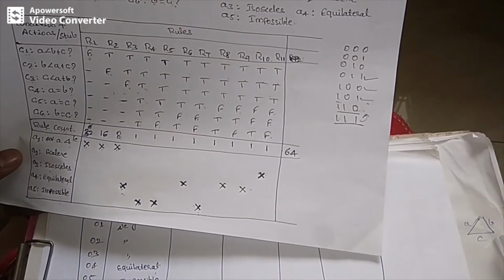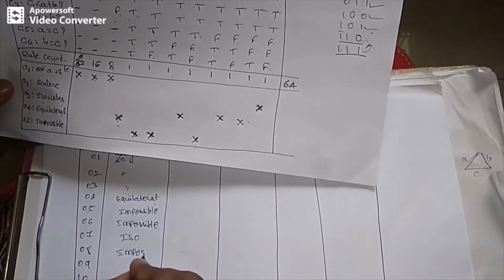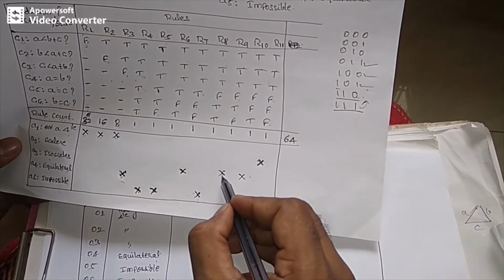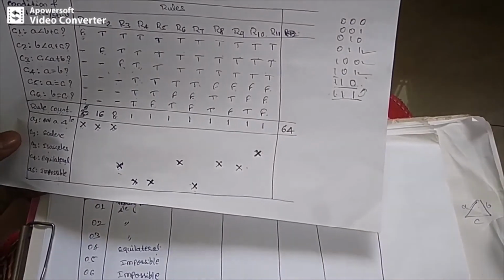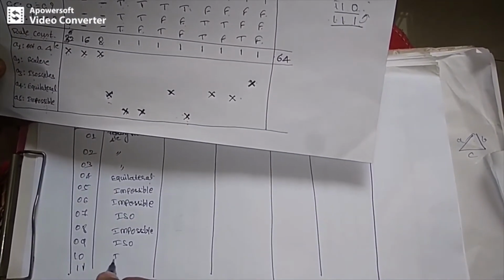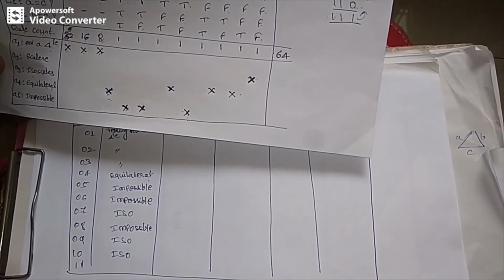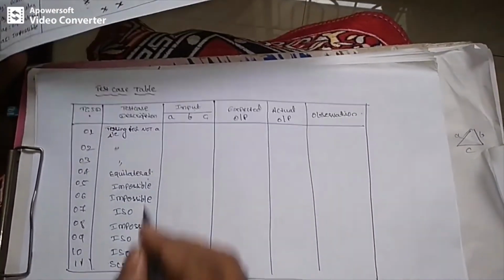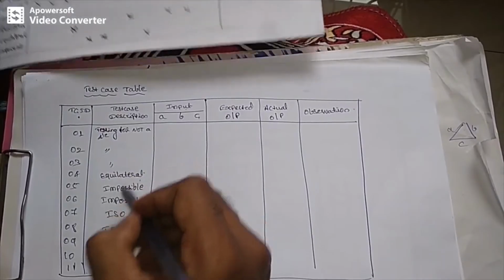Next once again impossible. R9 is testing for isosceles. R10 is also testing for isosceles. And the last test case is for scalene, testing for scalene. In that order you have to write the description.